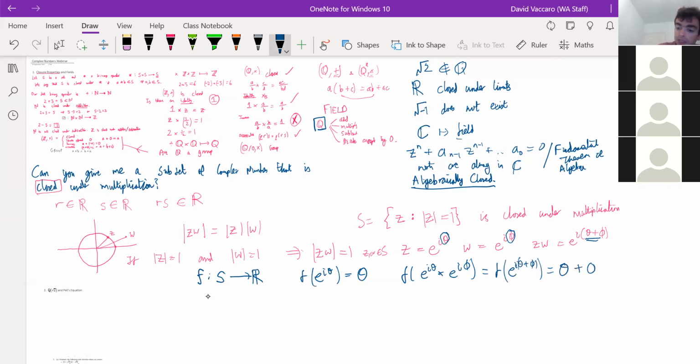So the output is theta plus phi. So it looks like S is very similar, or algebraically equivalent, to the real numbers.